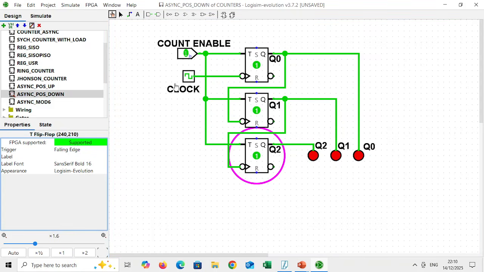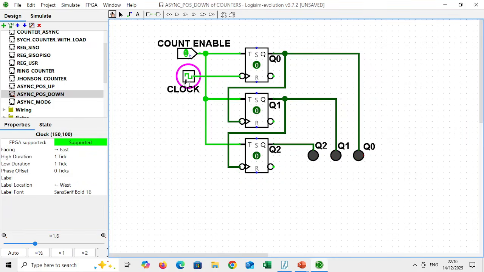Now let's give the clock pulse. Earlier it was a down counter. Now we have changed the positive edge to negative edge. So 1, 2, 3, 4, 5, 6, 7, 0. That means that the moment I have changed positive edge to negative edge flip-flops, the down counter has become an up counter.